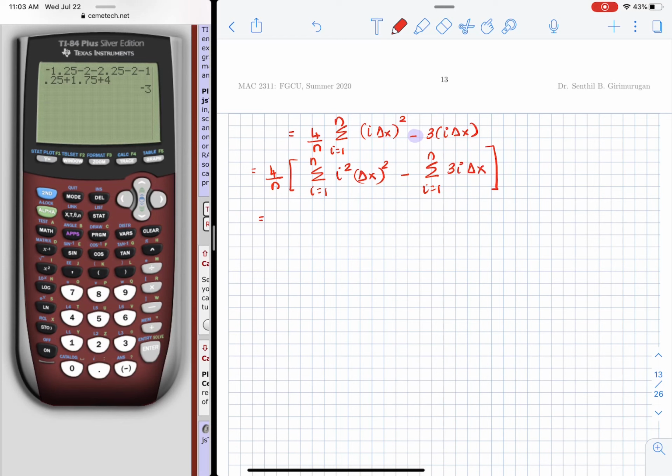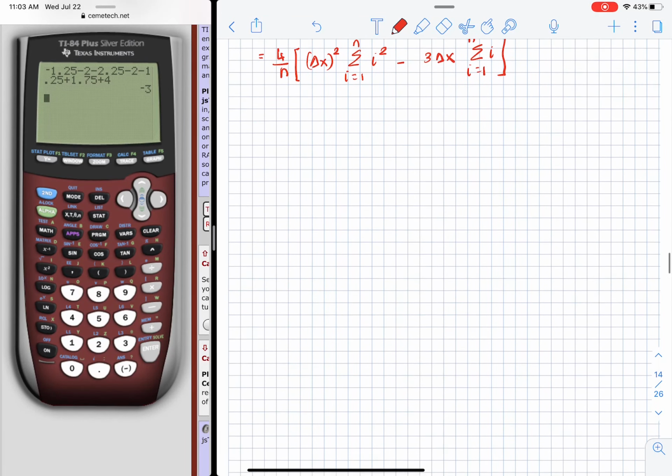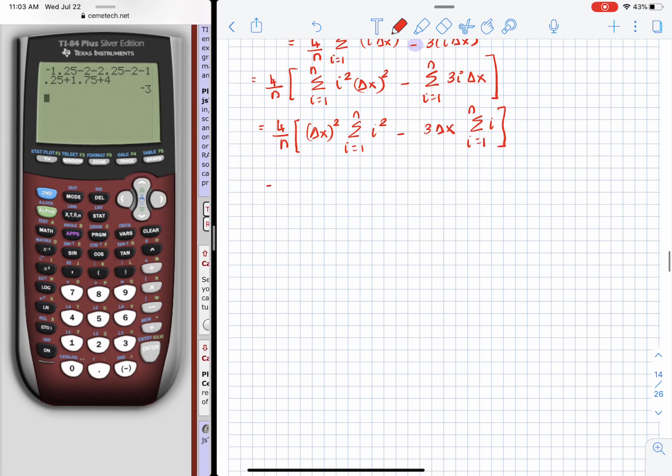The delta x is a constant, so we can pull that out. The 3 delta x is a constant in the second sum, so we can pull that out. So delta x squared is 4 over n squared, sum i equals 1 to n i squared, minus 3 times 4 over n, sum i equals 1 to n i.